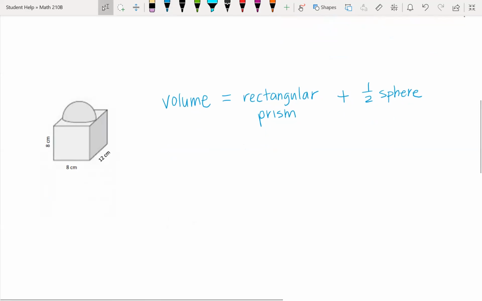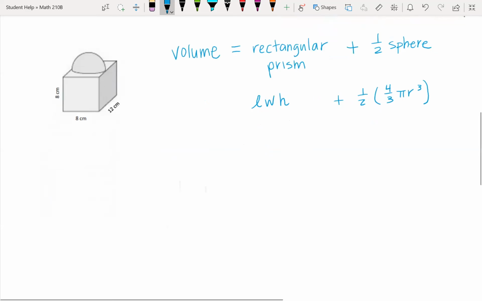The volume of the rectangular prism is length times width times height. And for the sphere, we have 1/2 multiplied by 4/3 pi r cubed.